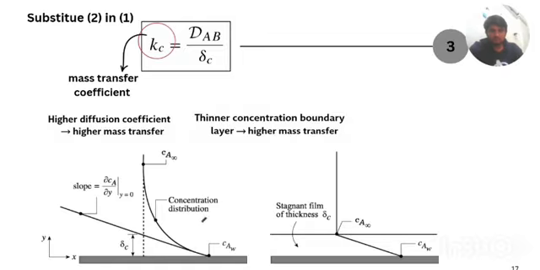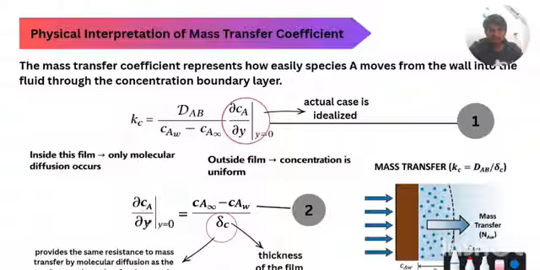In actual flows, the actual profile of the concentration is parabolic, but to make things simpler, we consider a linear concentration profile over the flat plate. The thickness of the stagnant film which forms on the flat plate is delta C. The concentration difference or driving force is the same in both cases, which is CA infinity minus CAW. dCA by dy then becomes (CA infinity minus CAW) upon delta C, the thickness of the stagnant film over the flat plate.